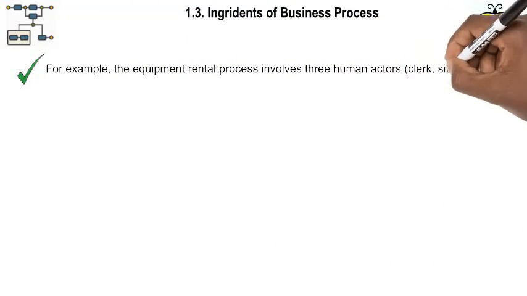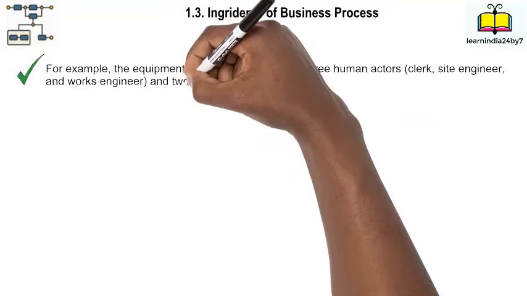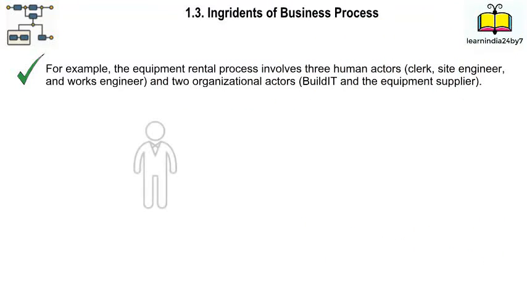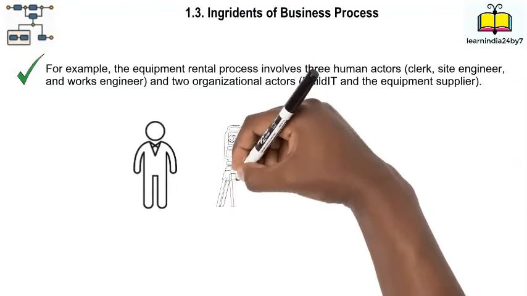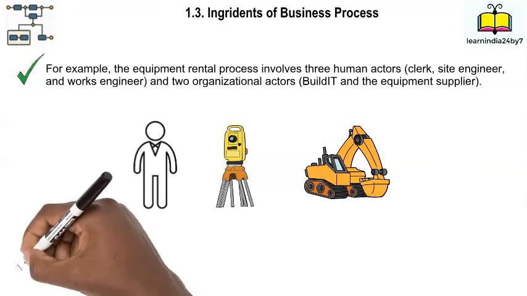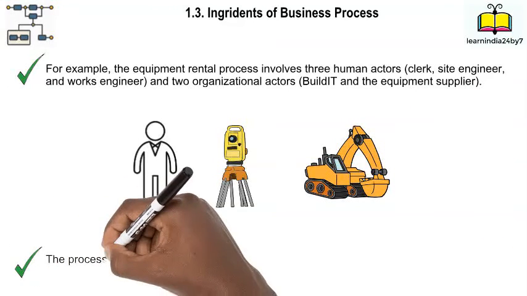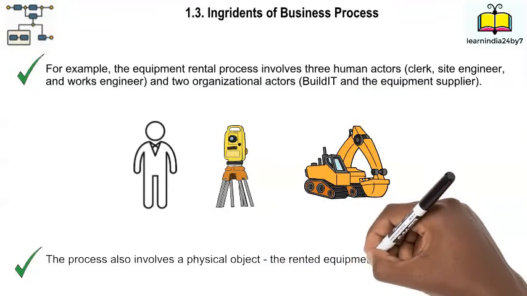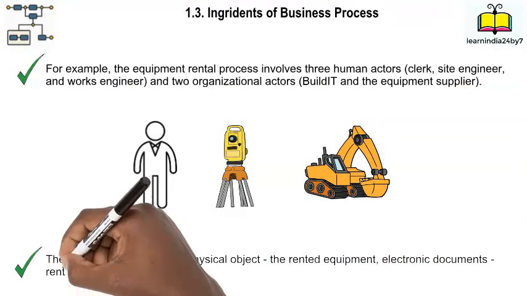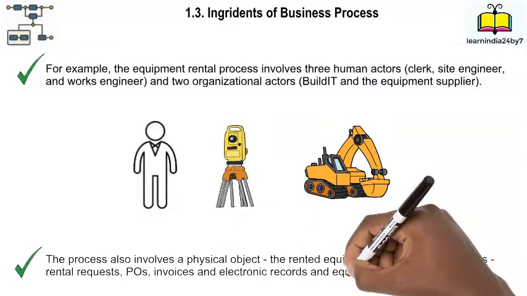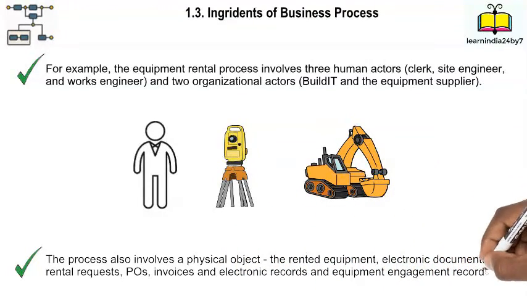Say, for example, the equipment rental process involves three human actors, namely the clerk, site engineer, and works engineer, and two organizational actors, Build IT and the equipment supplier. The business process also involves the physical objects, the rented equipment, and electronic documents like rental requests, POs, invoices, and electronic records.